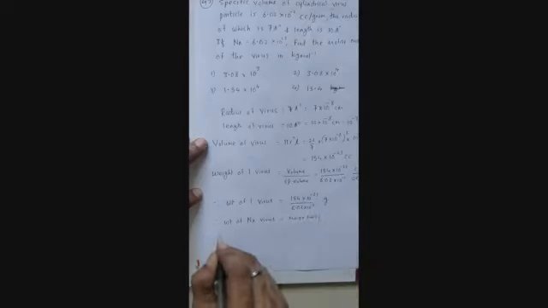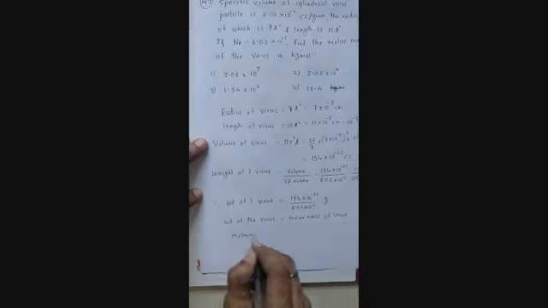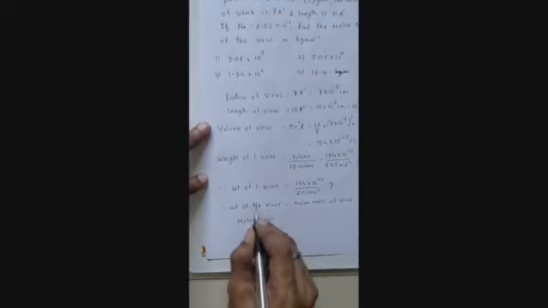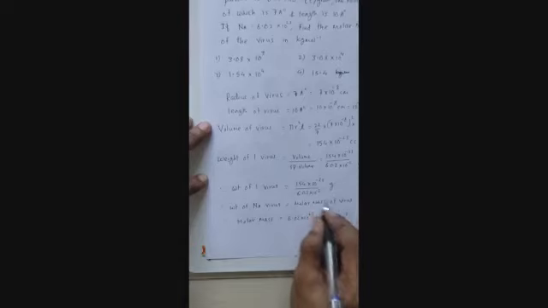So molar mass of the virus, which we are supposed to find, should be by cross multiplication: Na is 6.02 into 10 raised to 23 multiplied by this whole thing, 154 upon 6.02 into 10 raised to 21 upon 1. So this we need to solve.